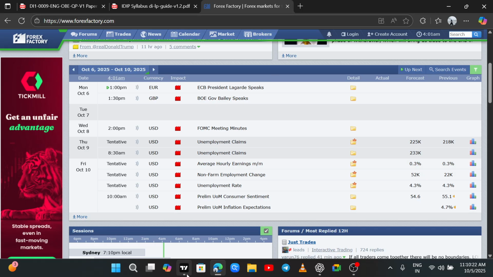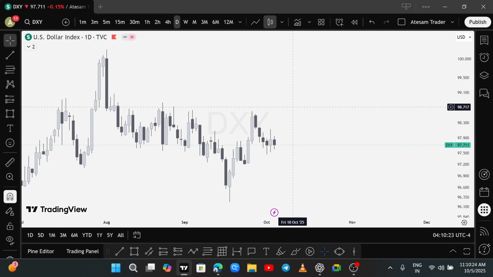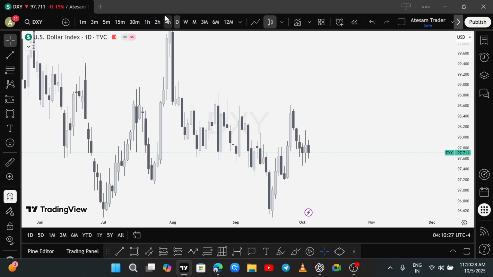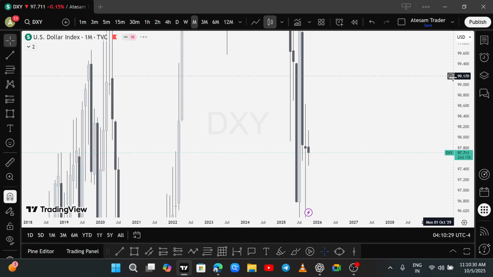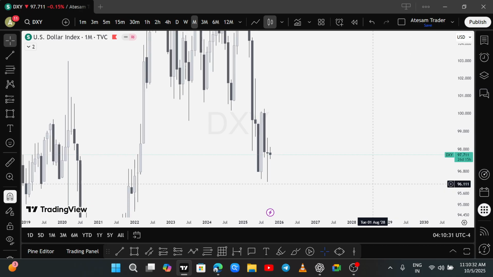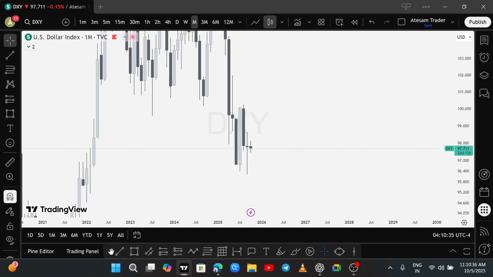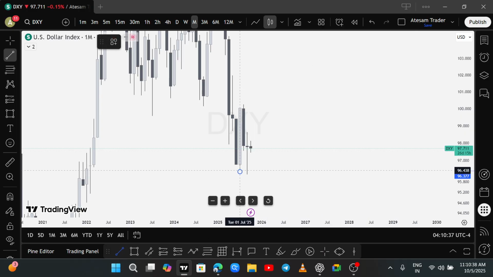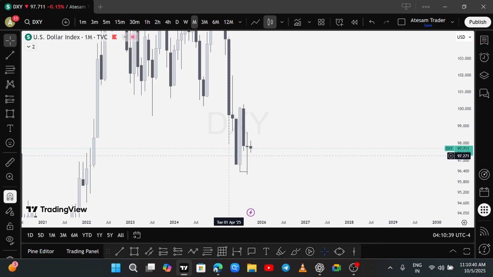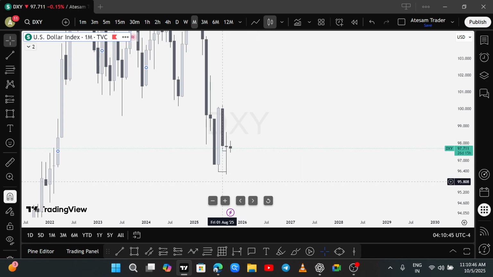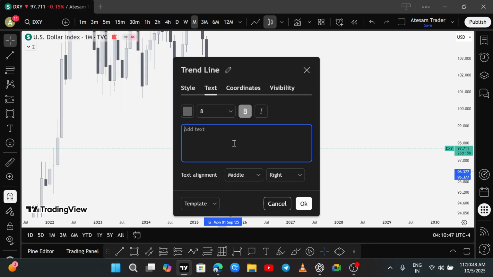So let's come to the dollar. Let's analyze starting from the monthly, because now we are at a new month. The previous candle took the liquidity, and it also took the liquidity of this previous candle and the short term low.